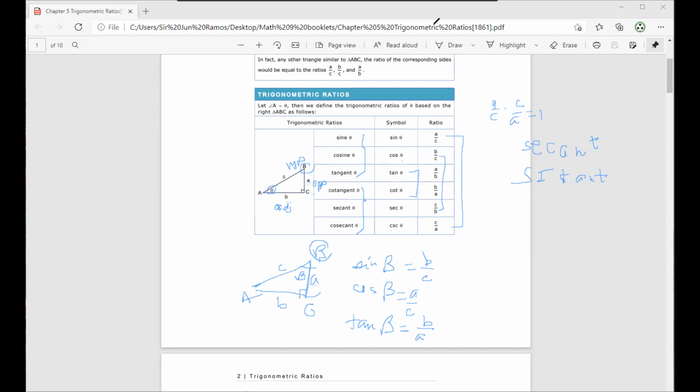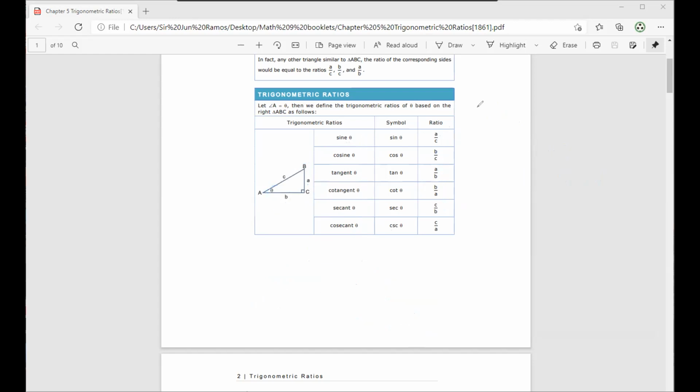Some students have an acronym for that. Sine is opposite over hypotenuse, cosine is adjacent over hypotenuse, and tangent is opposite over adjacent. Or that is SOHCAHTOA. So it should not be difficult for you to memorize the trigonometric ratios of an acute angle of a right triangle by just having this.